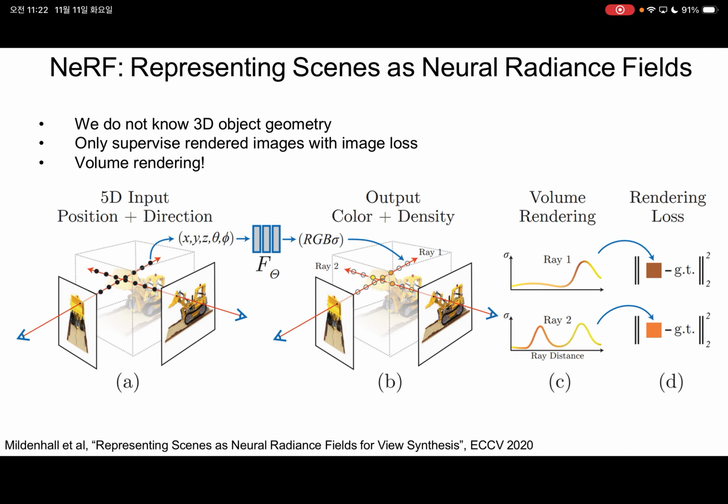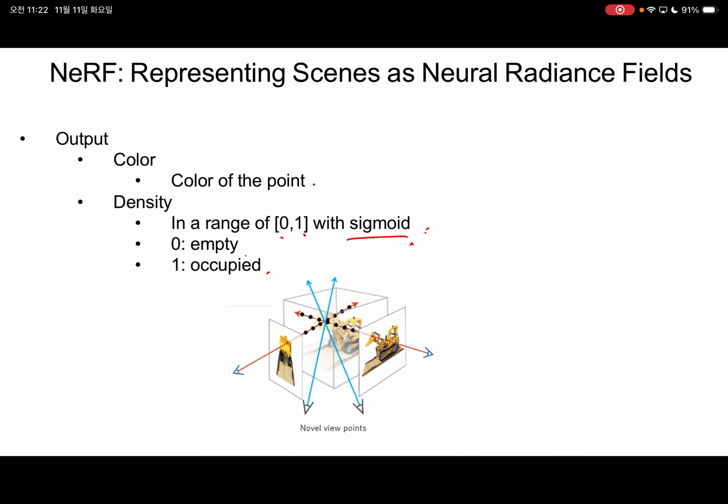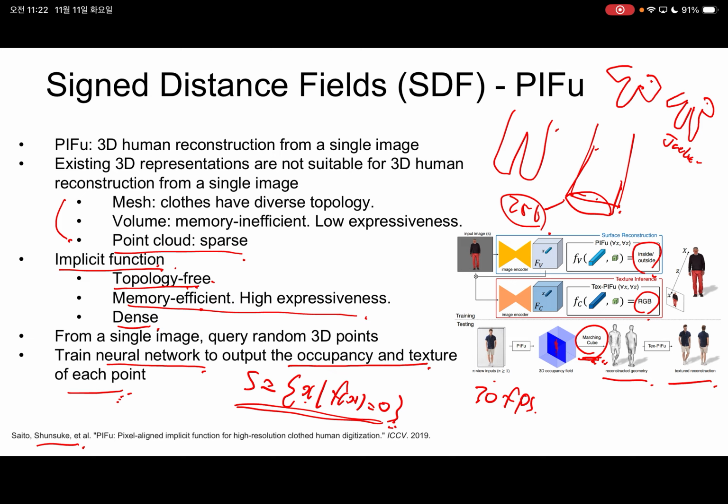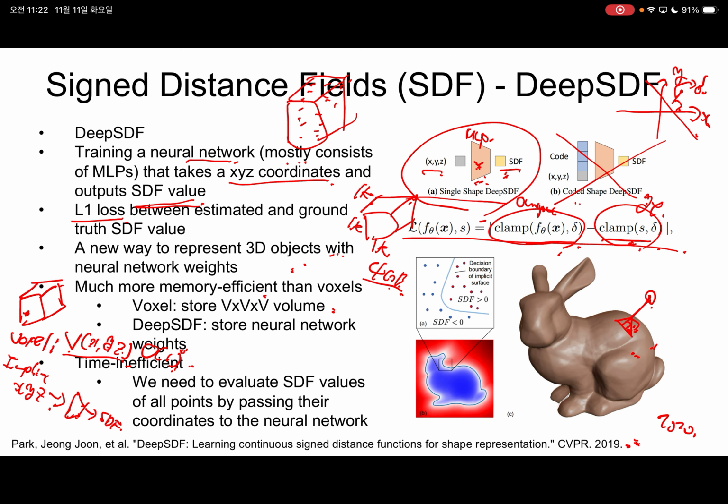Then how can we train this neural network? In DeepSDF, let's recap, how can we train this? We assume we have 3D object geometry, like a mesh, so that for each point of interest we can get the ground truth SDF value.